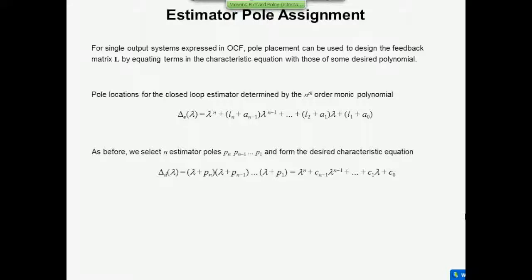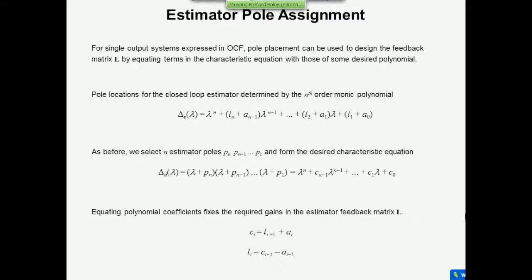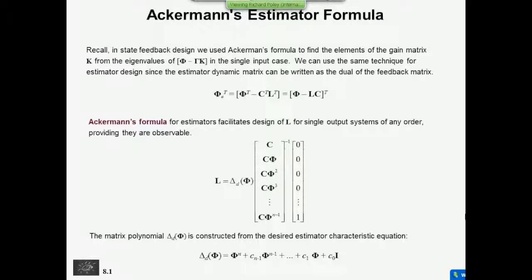For example, c sub n minus 1 becomes L sub n plus a sub n minus 1. L is the quantity you want, so it's just a question of matching coefficients and calculating what L is. You can do it by hand. Just as we used Ackermann's formula for controller design, the feedback matrix, we can apply it to the estimator to produce the elements of the L matrix in exactly the same way.